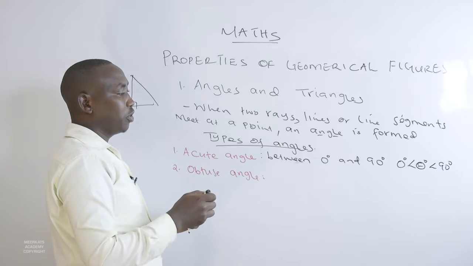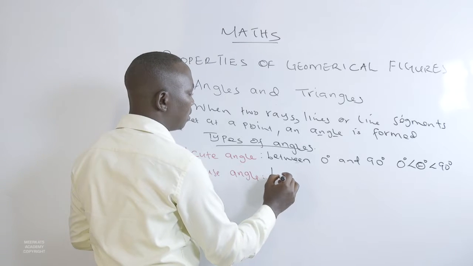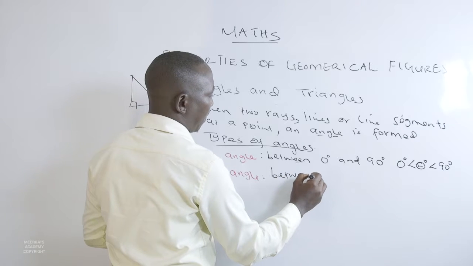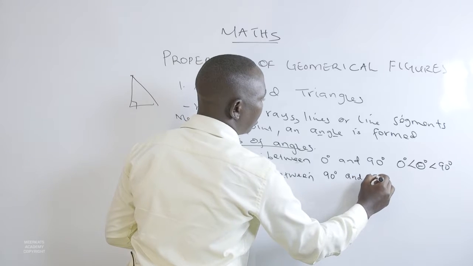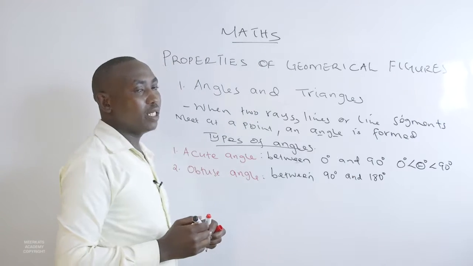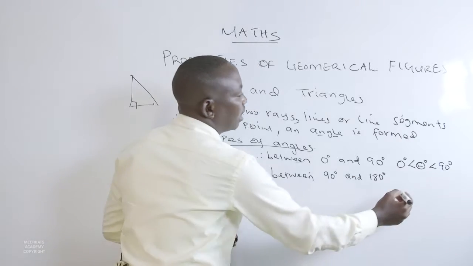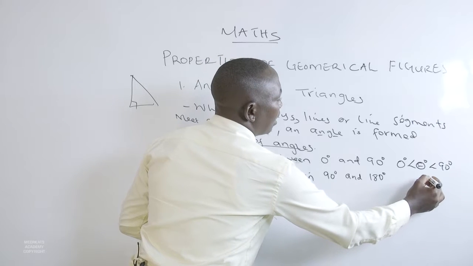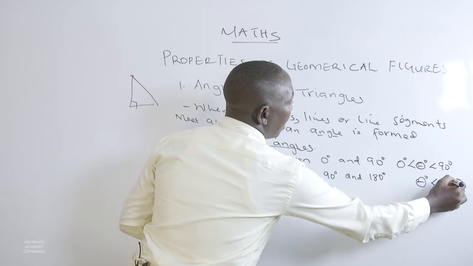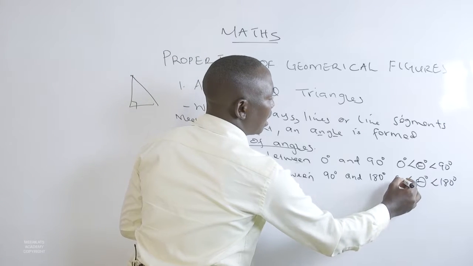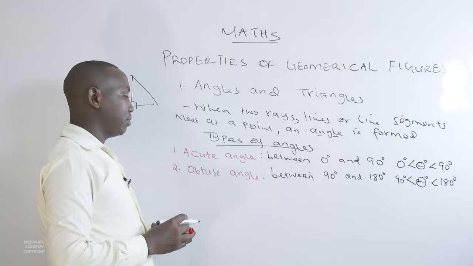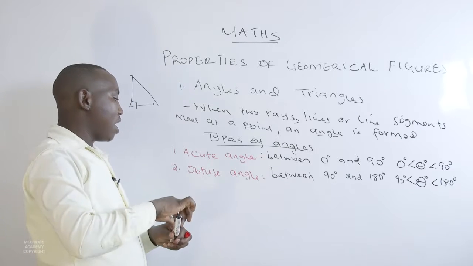And we are saying that an obtuse angle is between 90 degrees and 180 degrees. That is, if measured, that angle theta should strictly be less than 180 degrees, but more than 90 degrees.